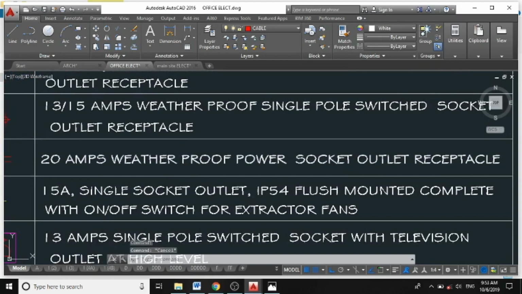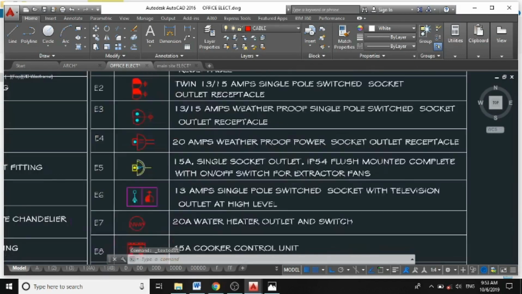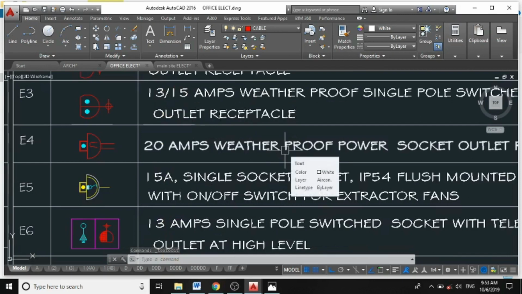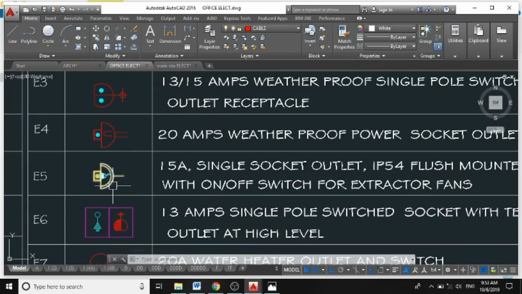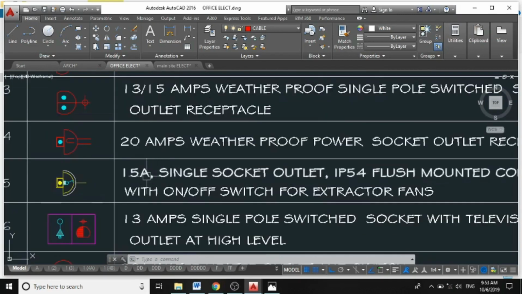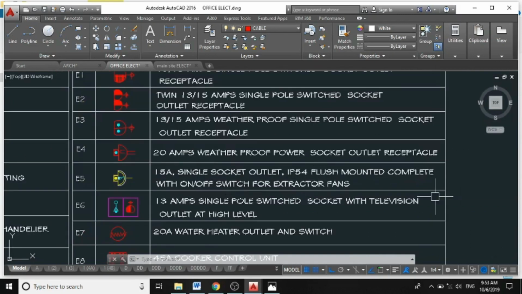So this is of 2 types. It will be a power outlet as explained earlier, and it will also be weatherproofed, that is IP protected, ingress protection. This symbol represents a 15 ampere single socket outlet.